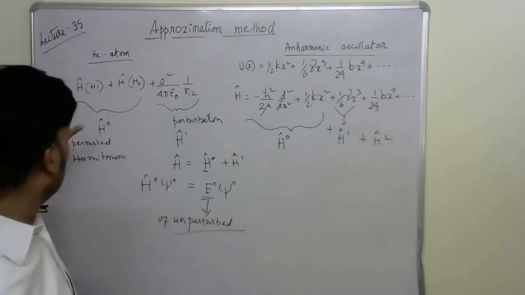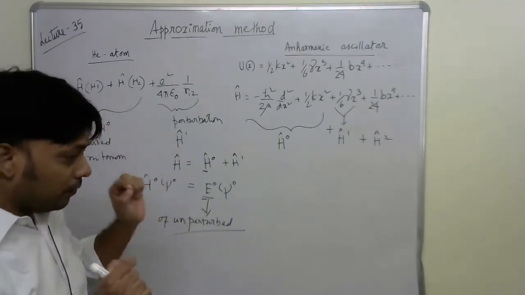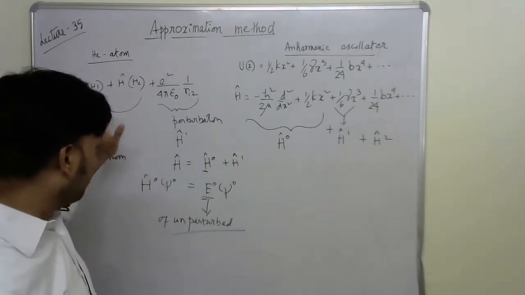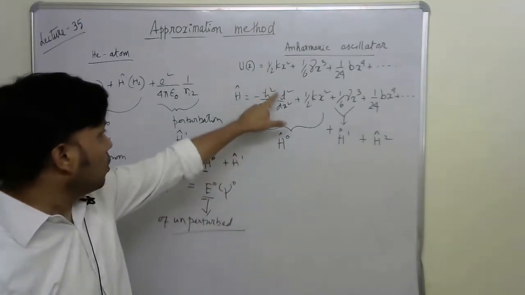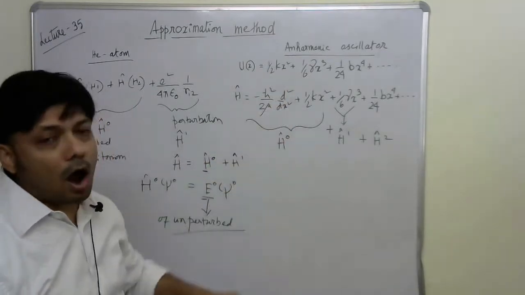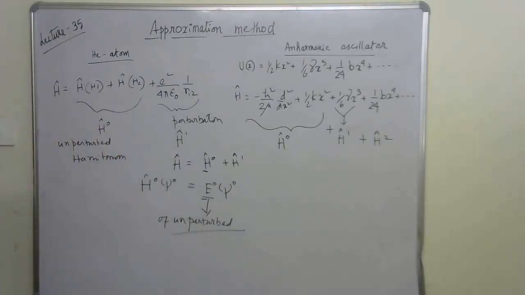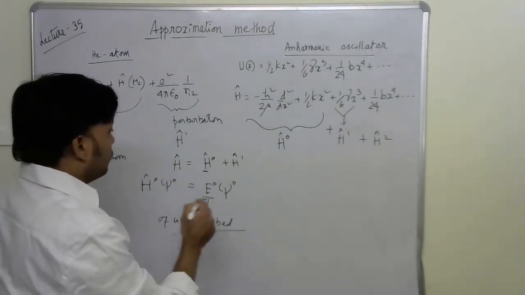That means there is no interelectronic repulsion. In that case the energy would be equal to the summation of two individual hydrogen atoms, and here also this unperturbed term would give E naught, the energy of the harmonic oscillator. Okay, and what else? Now our original intention is to find E.